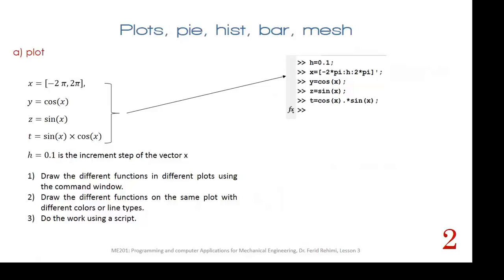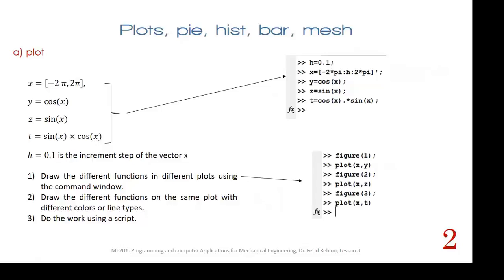And after you calculate this, the second point would be how to draw. How to draw? First of all, we have to define the number. In general, plots are defined with numbers. So if I write figure 1, it means you will create a figure called figure number 1.